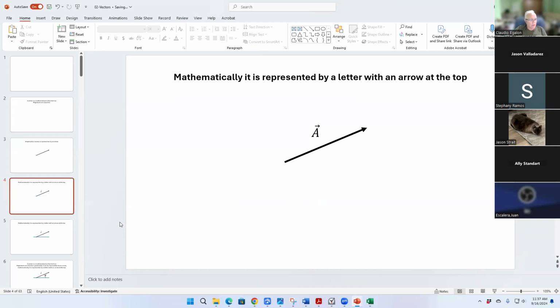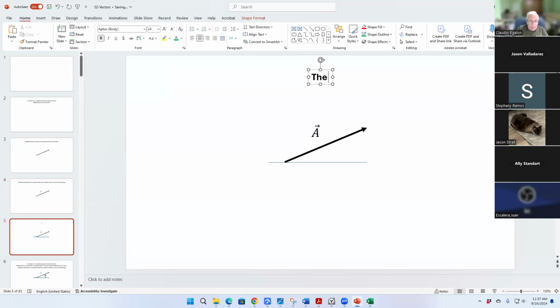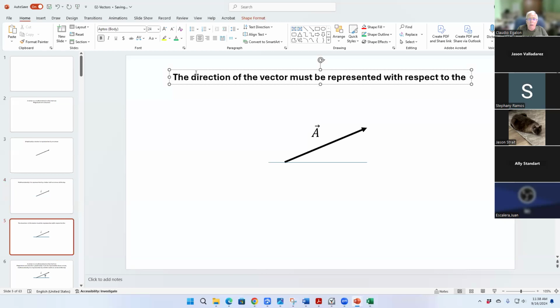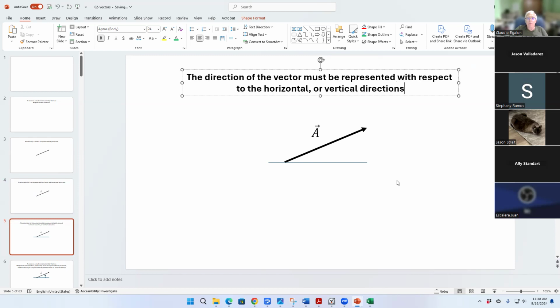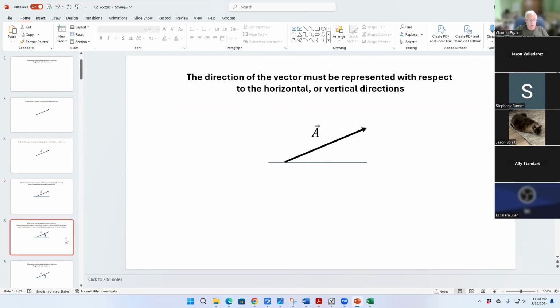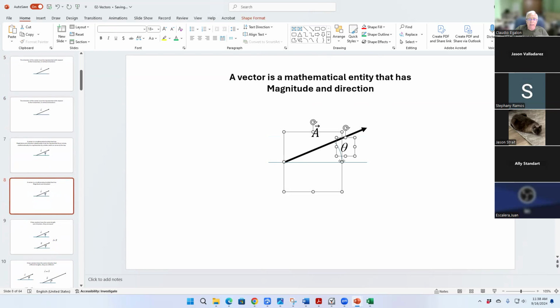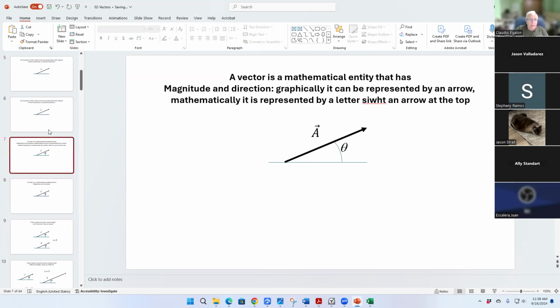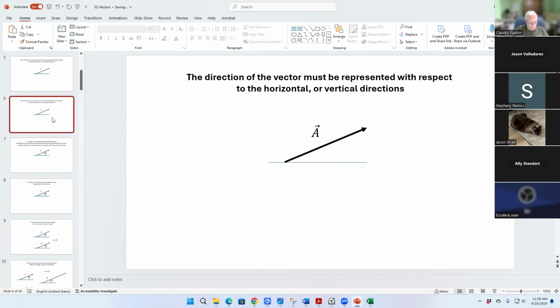Next. The direction of the vector must be represented with respect to the horizontal or vertical direction, right? And here we have the horizontal direction and the angle with respect to this horizontal direction.